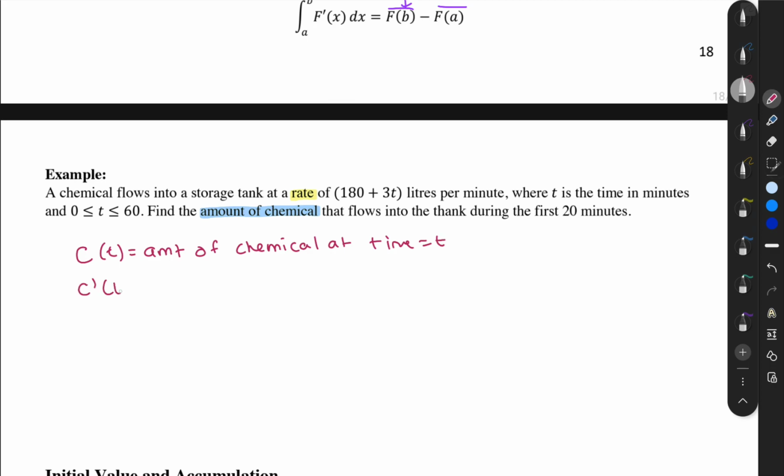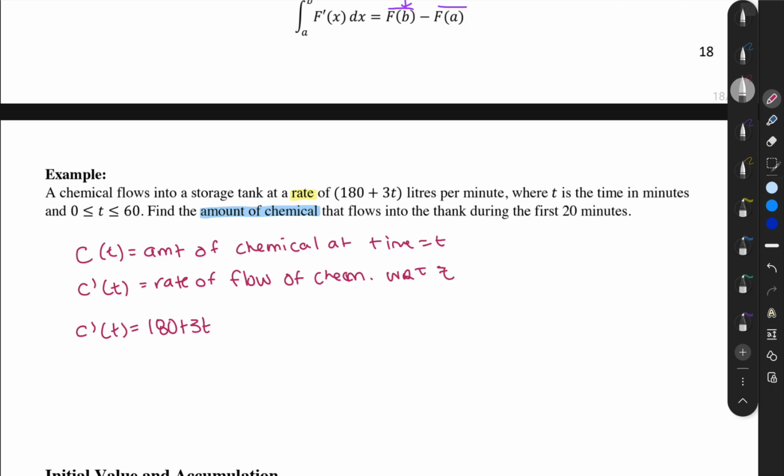C prime of t is the rate of flow of chemical with respect to time. And so C prime of t is what they've told me. C prime of t is 180 plus 3t.